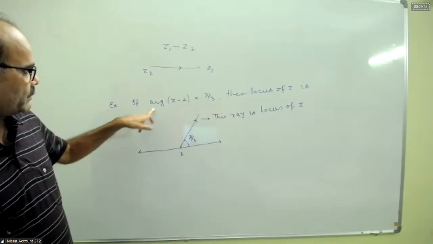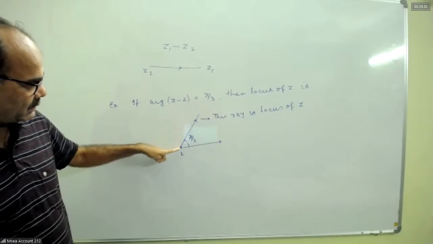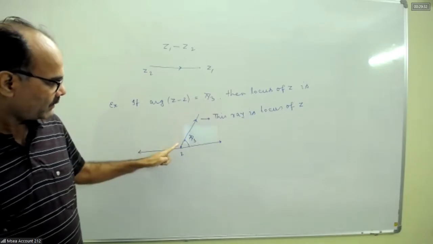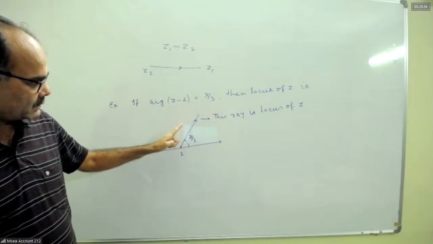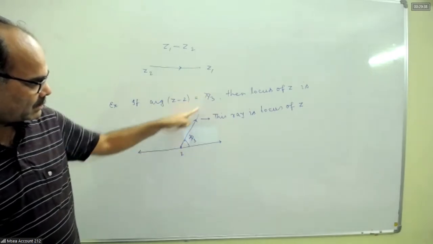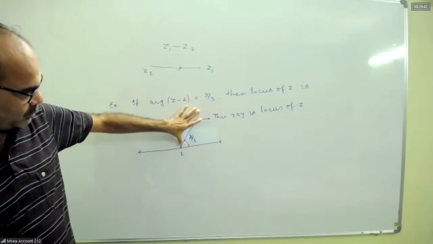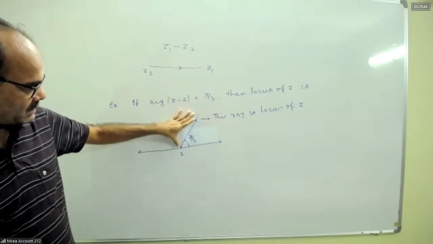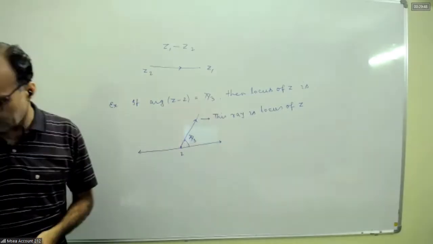So if argument of Z minus 2 is pi by 3, then locus of Z will be this ray, which makes an angle pi by 3 with positive x-axis. If Z is anywhere on this ray, the angle between the vector Z minus 2 and positive x-axis is always pi by 3.